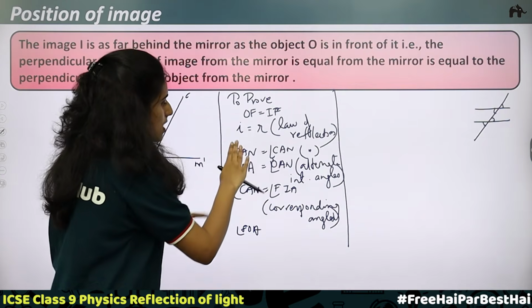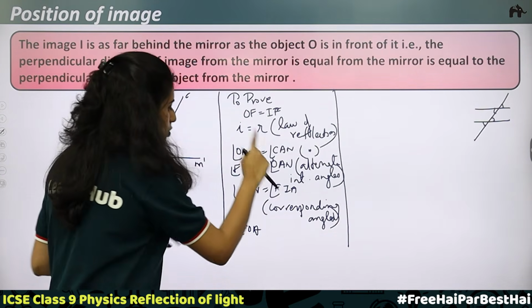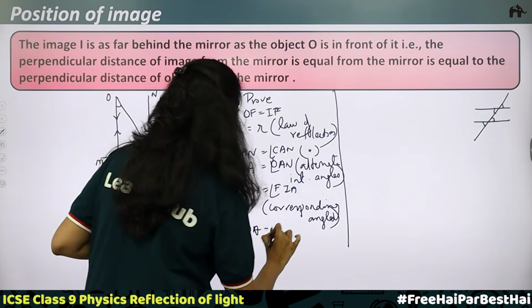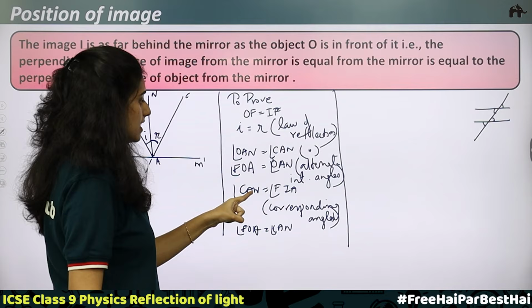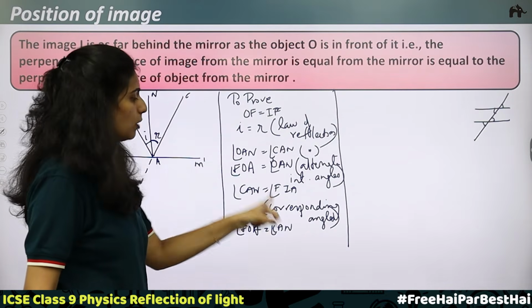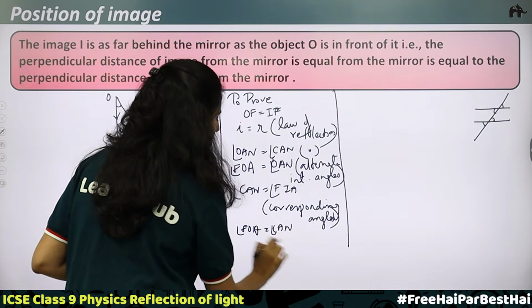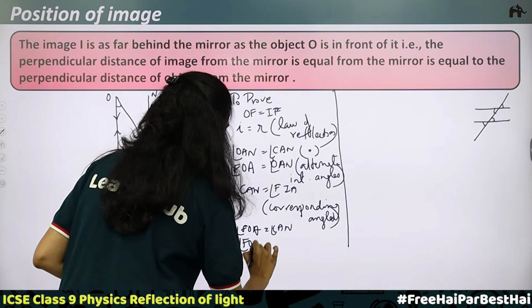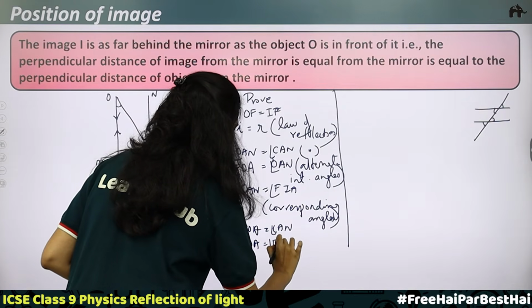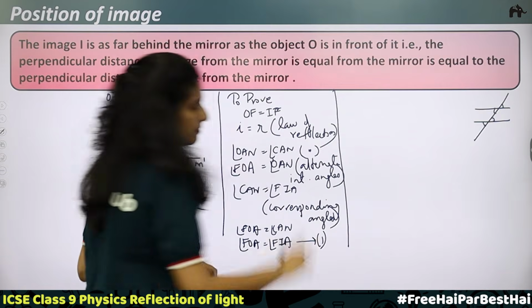So if you interchange, the left hand side both are the same, so the right hand side should be the same. So FOA is equal to angle CAN. We have got that angle CAN is equal to angle FIA by corresponding angles. So in place of CAN I can write FIA. So FOA is equal to angle FIA. So this is the first one.